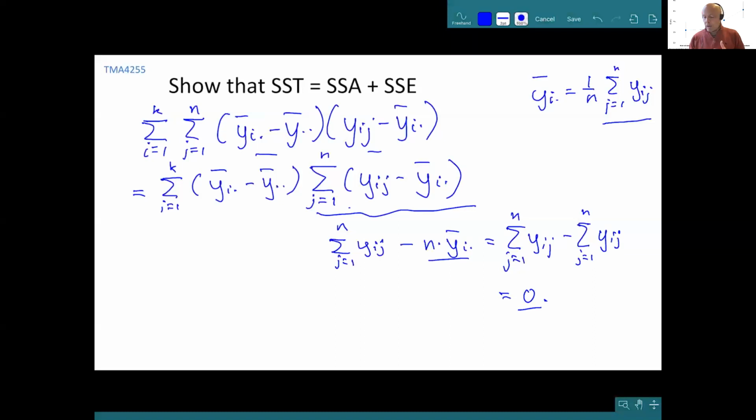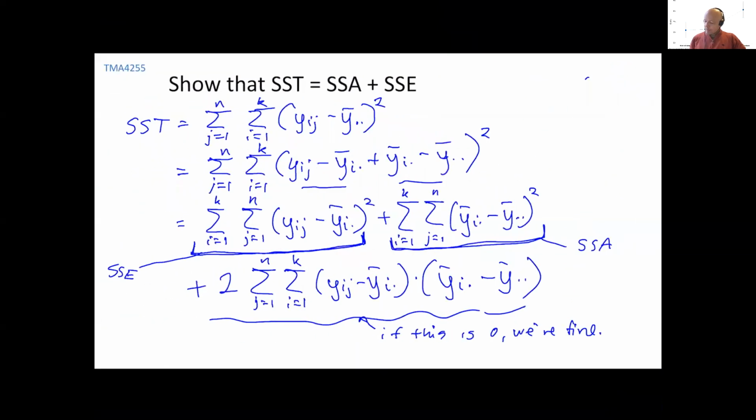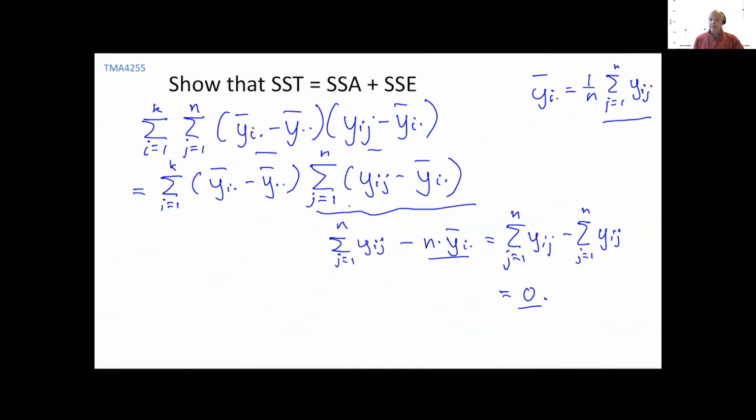So we see that the cross term cancels, and we're left with these two components, and that's SSE plus SSA. So it's a relatively easy proof or calculation that shows that the total sum of squares can be split into a within group variability SSE and a between group variability SSA. And this is what we compare in the analysis of variance examples that we saw.